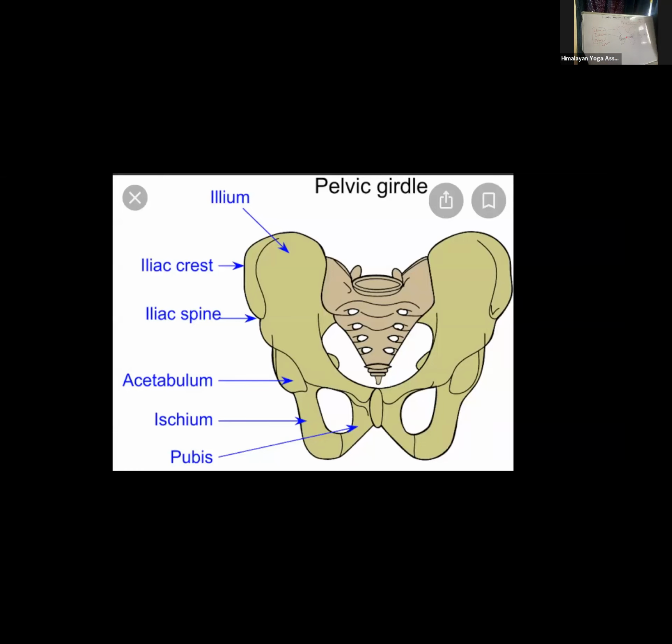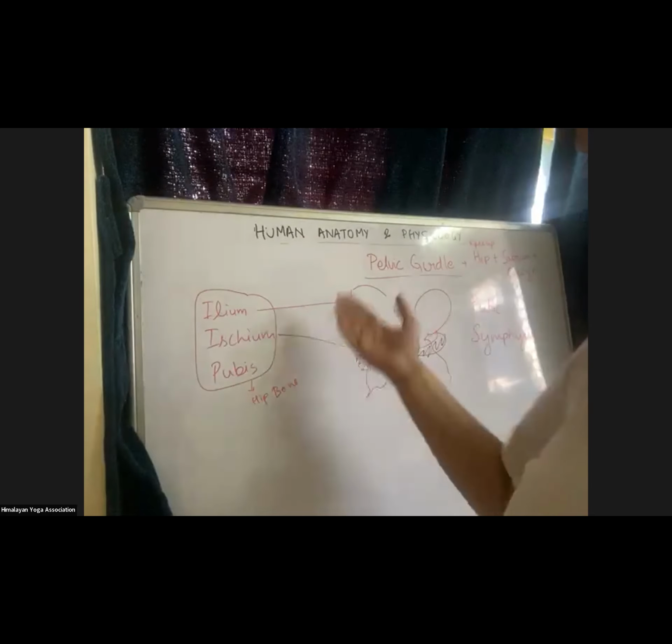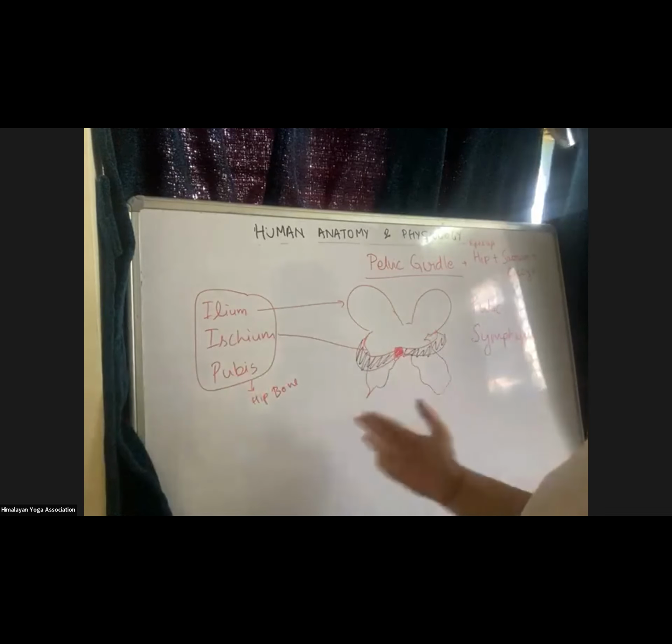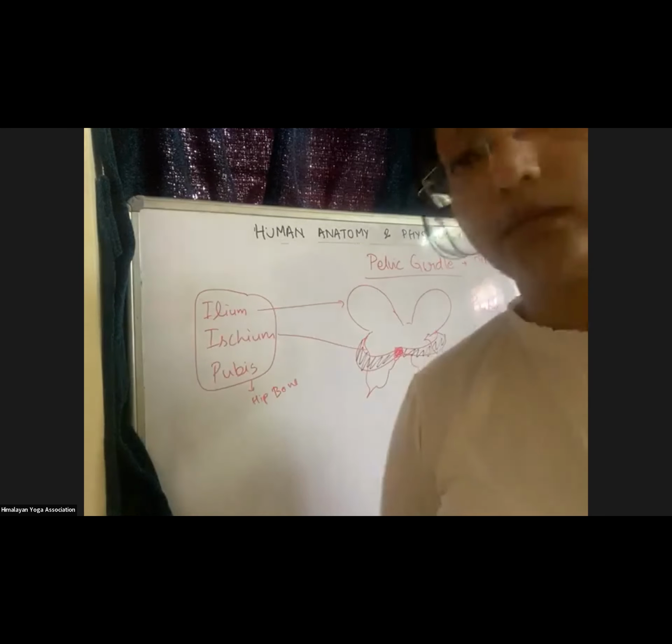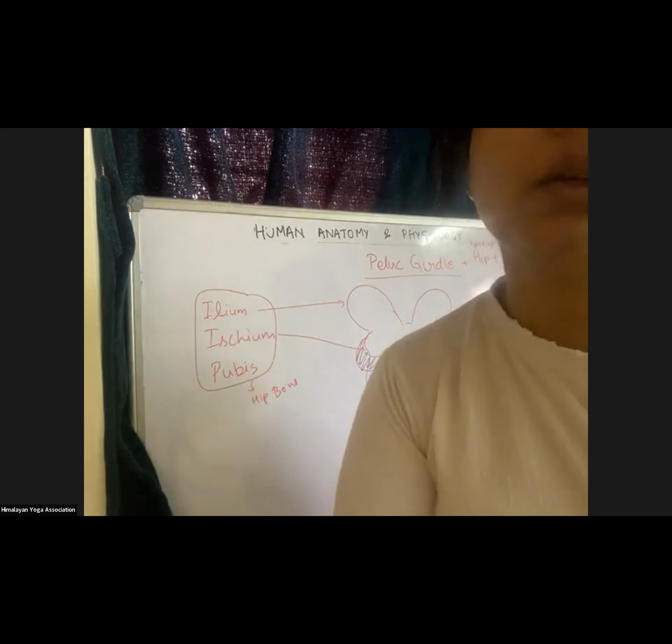So this is the pelvic girdle. Tomorrow we'll study some joints, a little bit more detailed, of this pelvic girdle. If you have any doubt or query on today's lecture or previous lectures, please tell me.